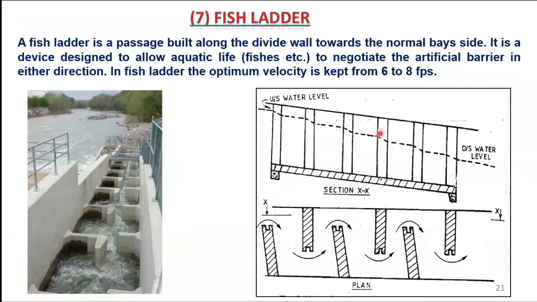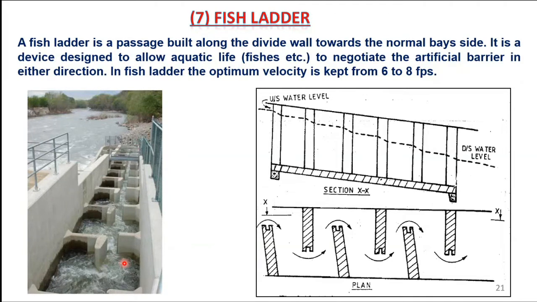And this is the section, and these are the baffle walls, and this is the bed having a certain slope, and this is the water surface profile, how the water moves. Due to this very high velocity, 6 to 8 feet per second, there is a lot of turbulence here, which the fishes like.